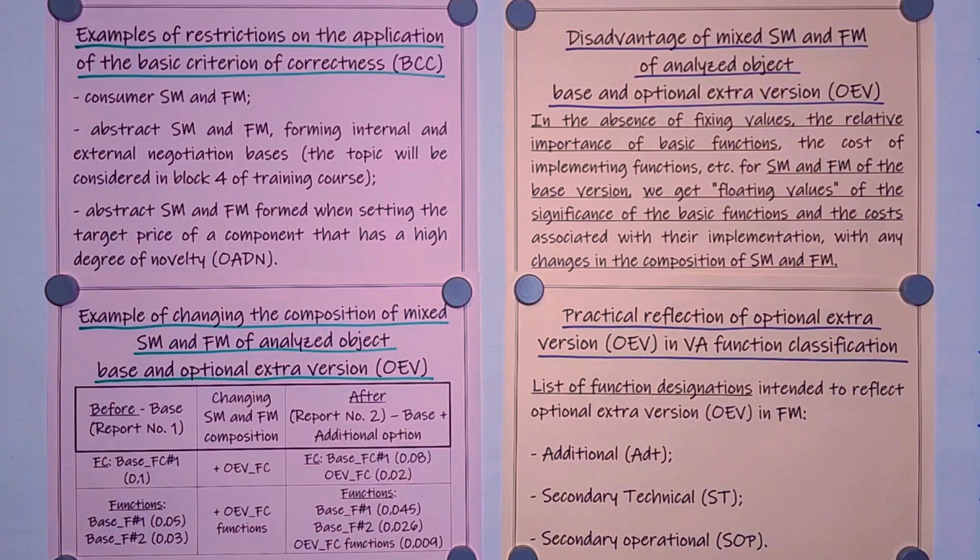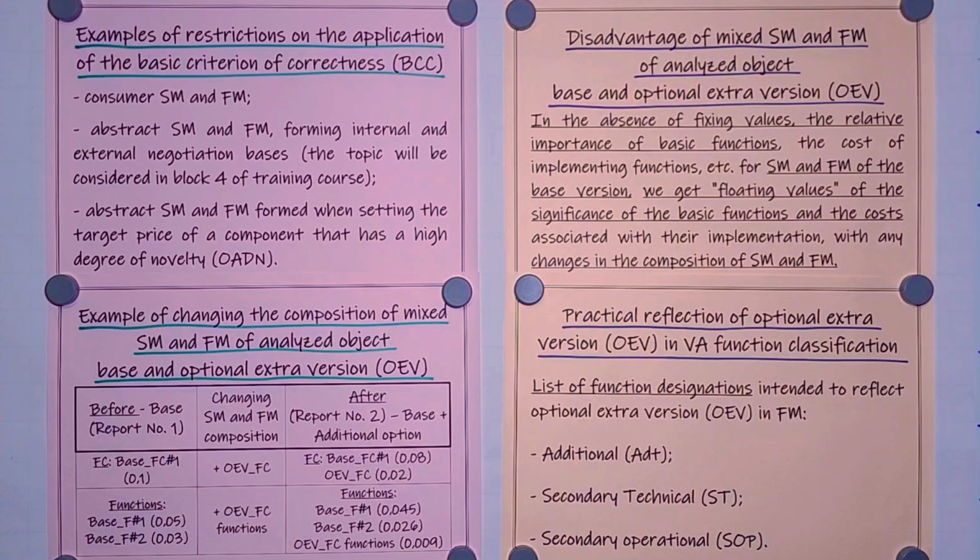For this product, there are calculations of a technical commercial proposal that allow you to generate reports containing values of the relative significance of functional model functions, as well as the corresponding relative significance of the function carriers from the structural model. In addition, during the analysis, the costs for the formation of basic functions, the cost of the physical implementation of basic functions in the design and engineering documentation, and the costs of each of the function carriers in the structural model of the basic configuration were determined.